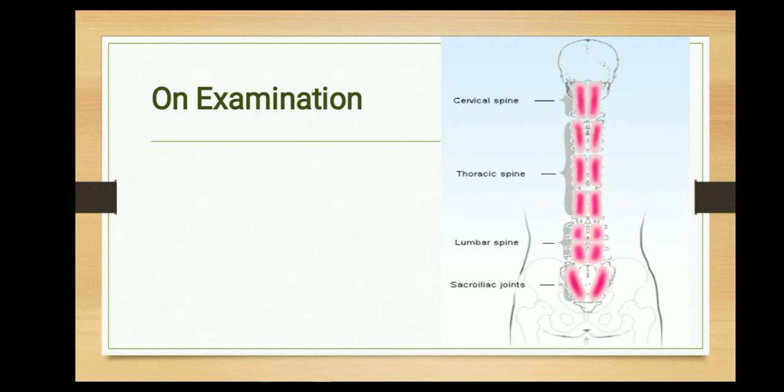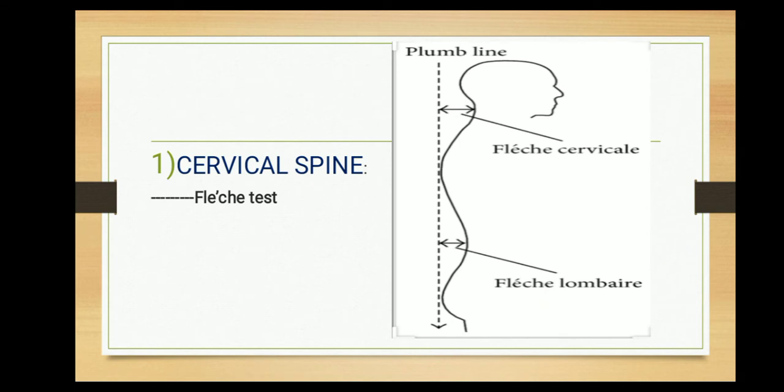Now we come to examination. In examination we divide it into four parts. We have to examine the cervical spine, then the thoracic spine, then the lumbar spine, and last the sacroiliac joint. First, in the cervical spine, we perform Fletcher's test.